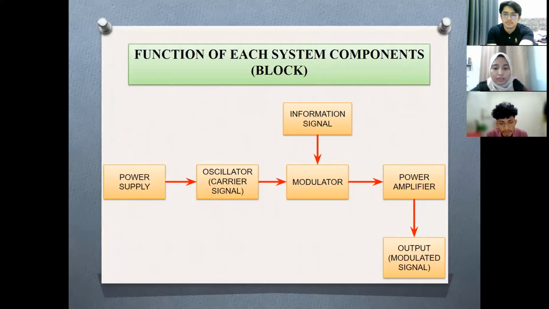Then the modulator is a device that puts the information signal onto the carrier signal to create a modulated signal. Power amplifier is an electronic device used to increase the intensity of voltage, current or power of an input signal. Lastly is the information signal. It is a frequency that contains data or a message that is broadcast through the radio, television, smartphone or other communication system.